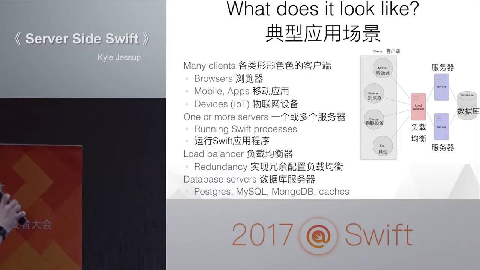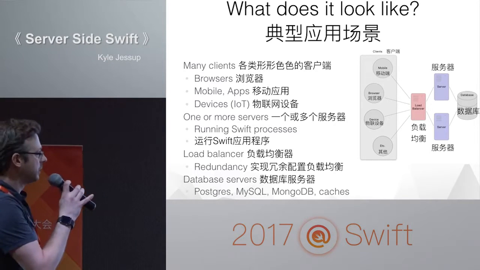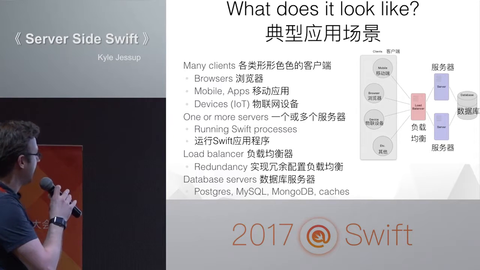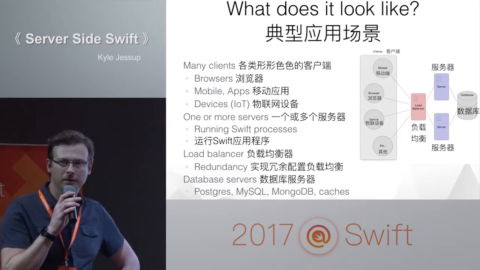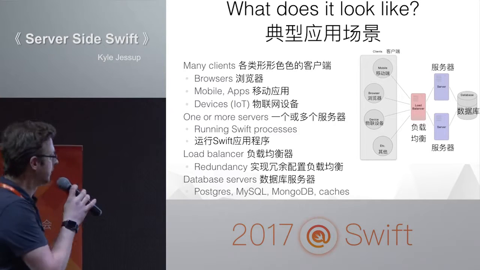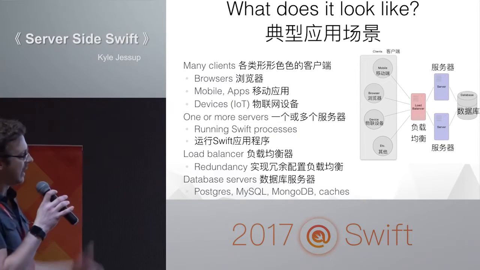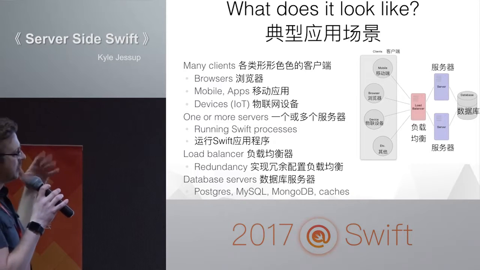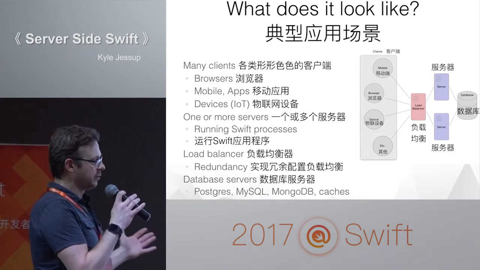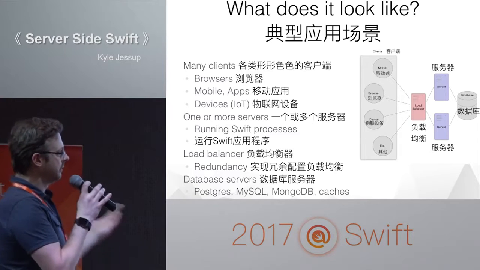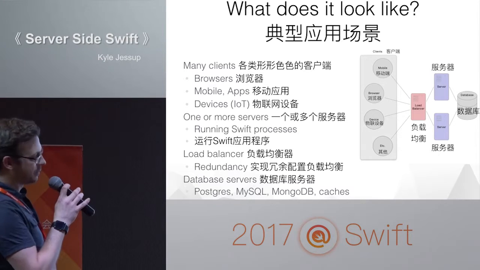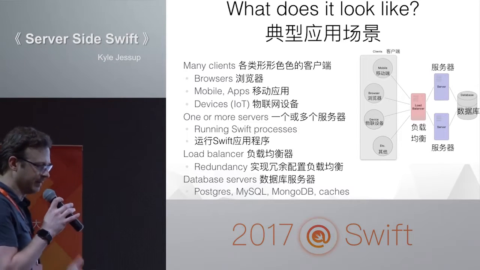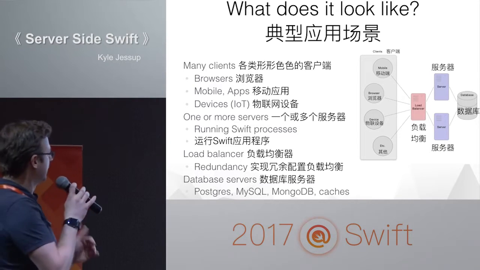What does Swift on the server look like? Most people are already familiar a little bit with how clients and servers work. We all have a good deal of knowledge about how to use the internet. None of us would be here, I don't think. So what we're talking about here are many, many clients, hundreds, thousands, down to even just a couple. And these are browsers, mobile apps, devices, what have you, your car.